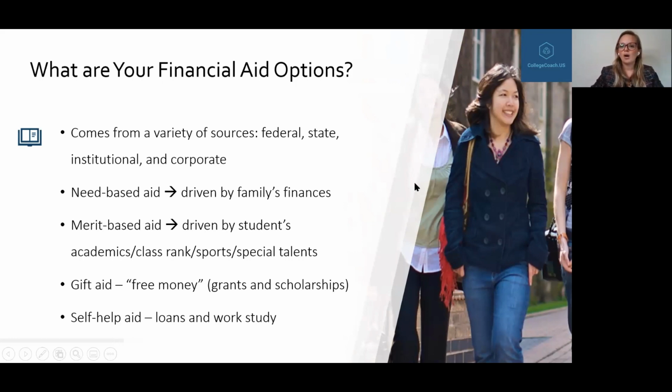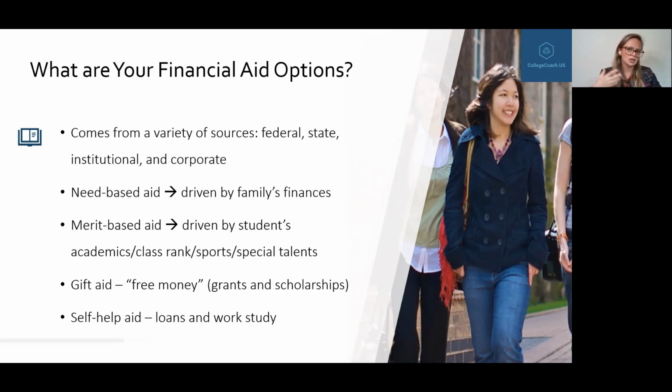Okay. What are the financial aid options? So financial aid will come from a variety of different places. And you will see that on the award letters that I'm going to show you later on in the presentation. So we have federal aid, we have state aid, institutional aid, and corporate aid. Those are some of those you probably have heard of, like outside scholarships.